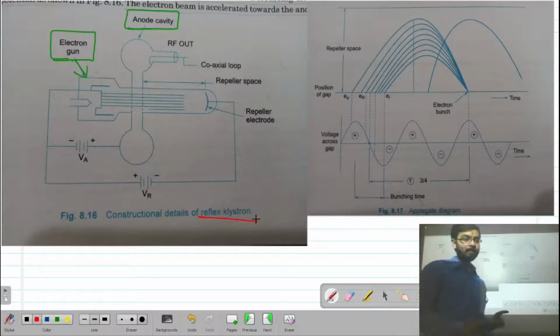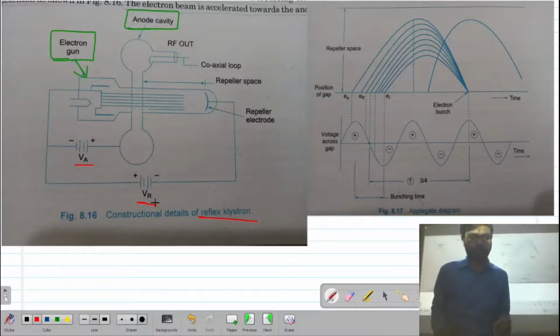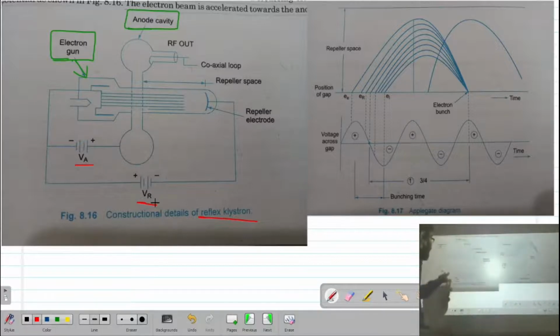You can see that we have two different supplies, that is VA and VR. VA is just to make the flow of electrons in this direction.